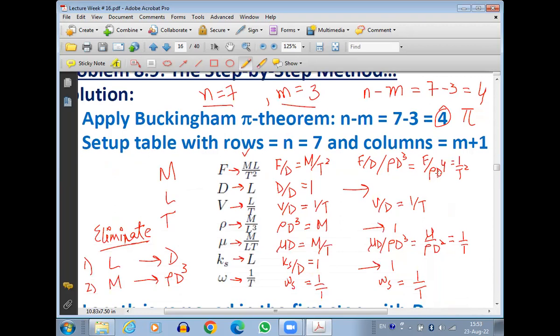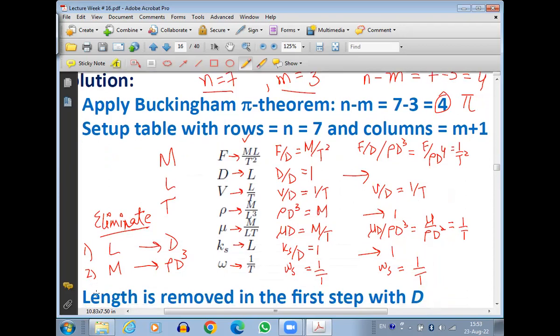We are going to take V by D. So basically we need to eliminate 1 by T, and for 1 by T we use V by D. Here I have 1 by T square. To make it simple, let's eliminate T. For that, T should be D by V, right?